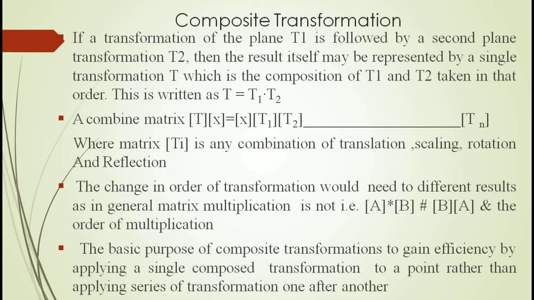The basic purpose of composite transformation is to gain efficiency by applying a single composed transformation to a point rather than applying a series of transformations one after another. Where the order is changed, the result is changed. That is, A into B is not equal to B into A.